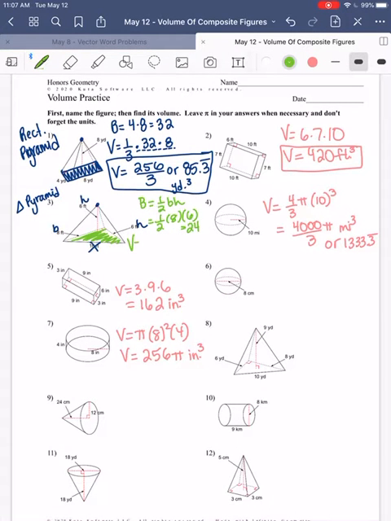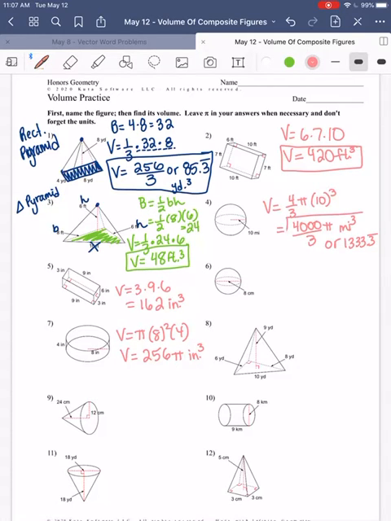The formula goes 1/3 big B and then the height of the pyramid, which is 6. That should give us 48 feet cubed. I did 24 times 6, which gave me 144, and then divided it by 3.